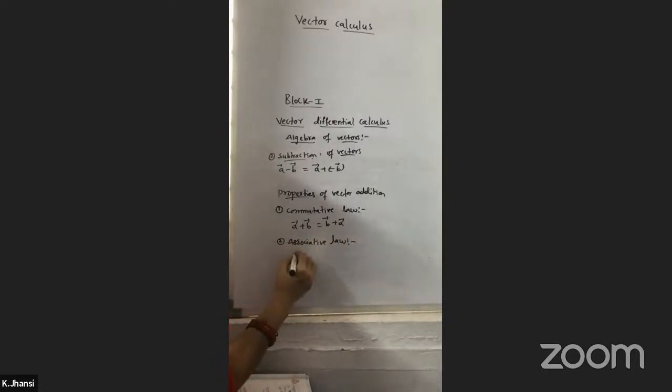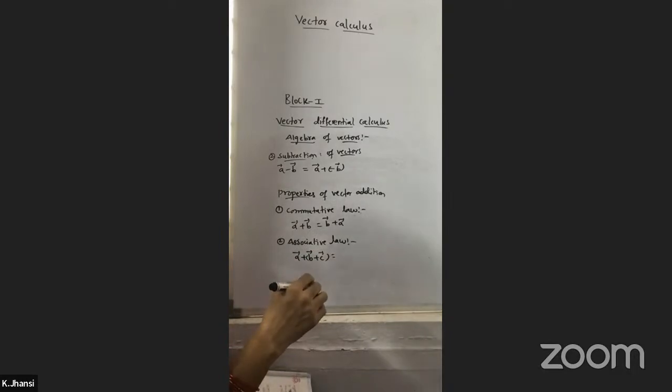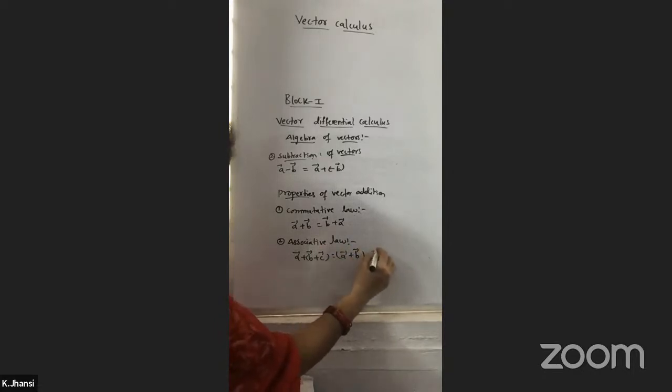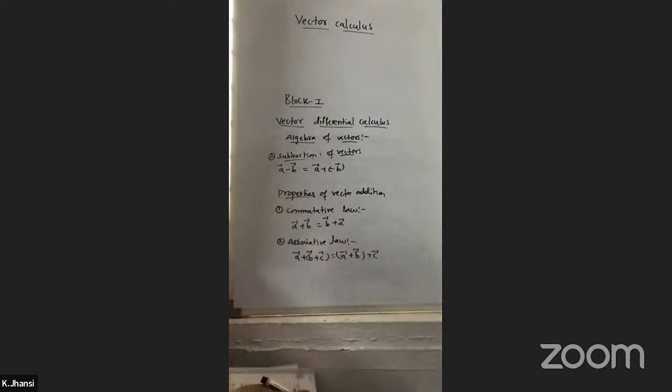Associative law means vector A plus vector B plus vector C is equal to vector A plus vector B plus vector C, grouped differently. So vector addition satisfies these two laws.